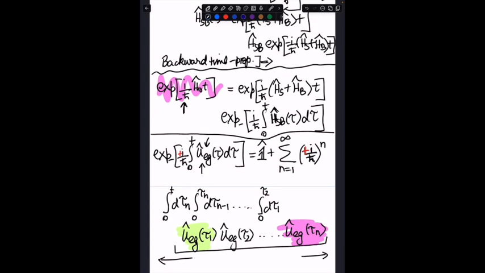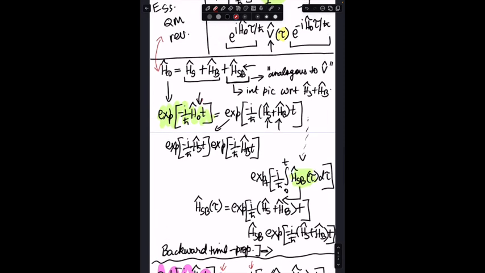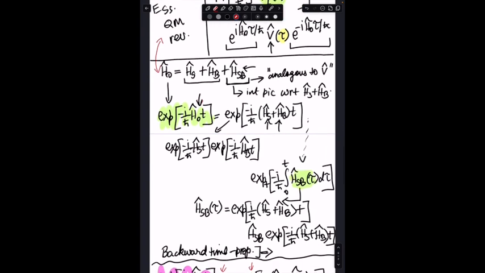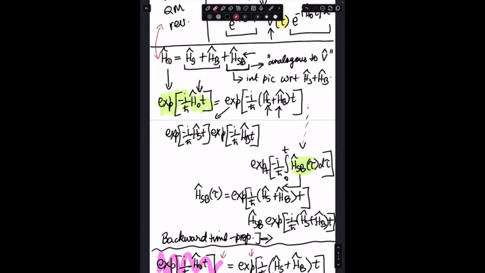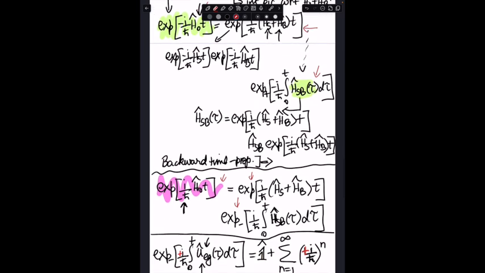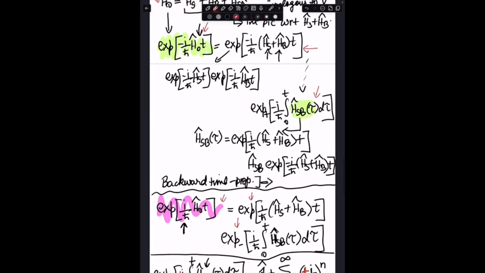I just realized I have made a mistake in the ordering of these two terms. If you consider your forward time propagator, you have the time evolution with respect to your system and bath, and then you have the time propagator for your system bath coupling. To derive your backward time propagator, I take a Hermitian conjugate of my forward time propagator.